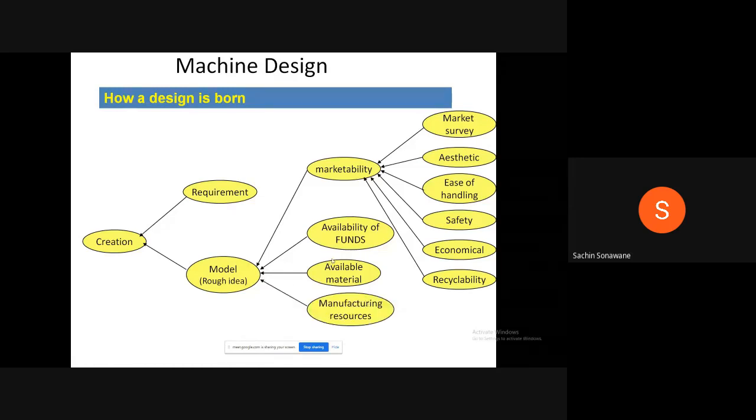And next is manufacturing process, that is which manufacturing process we can use to manufacture that product.